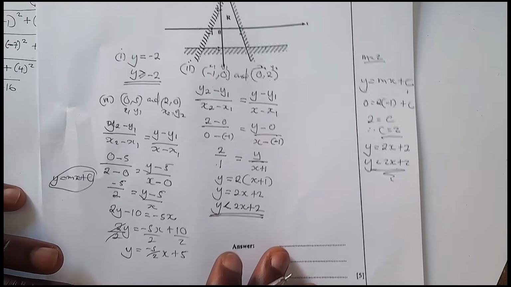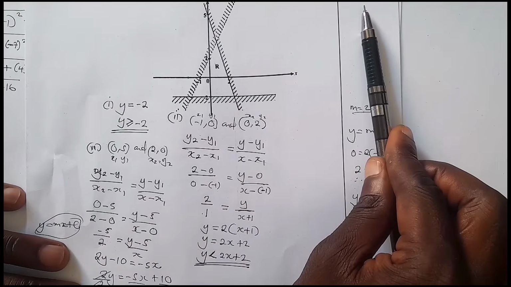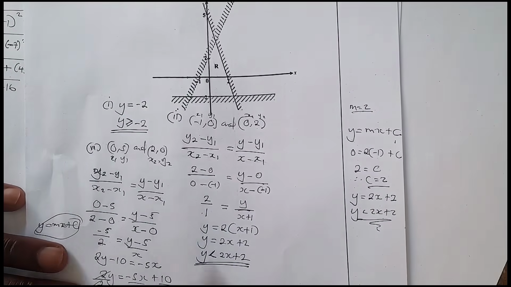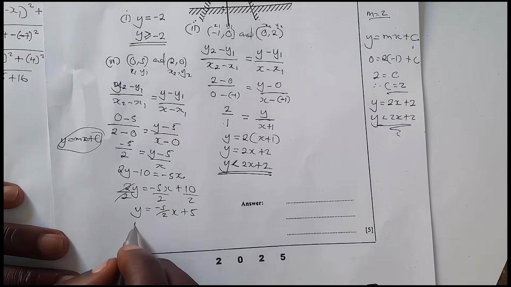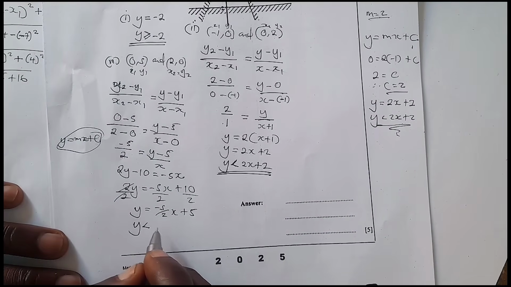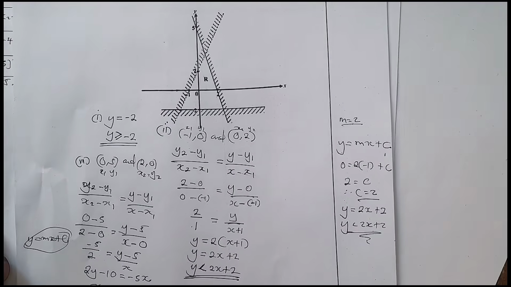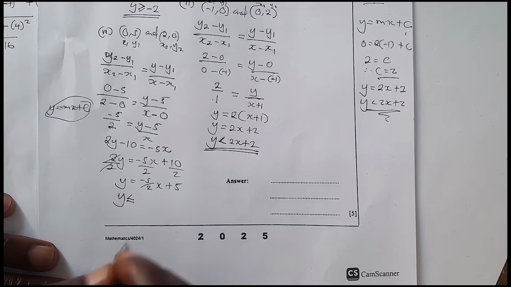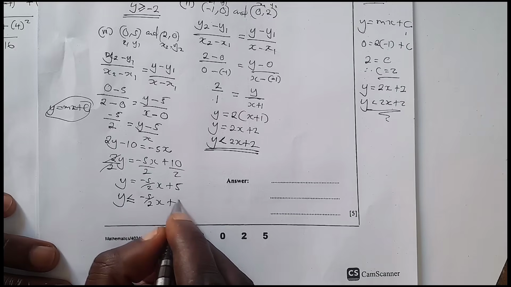Then let's go to the inequality. The shading is on the lower part, right? So we're going to use less than, okay? So here we're going to say y is less than, then is the line solid or dotted? Solid, right? So we're going to add the equal symbol, right? Then -5 over 2 x plus 5.